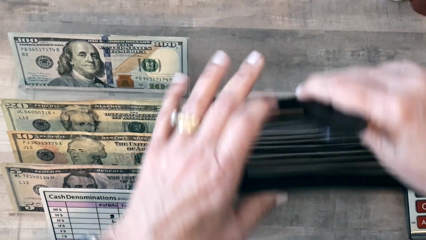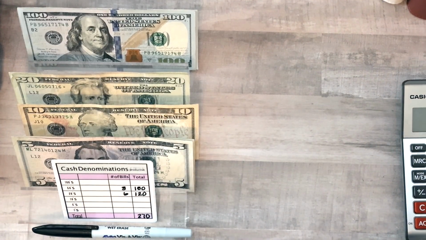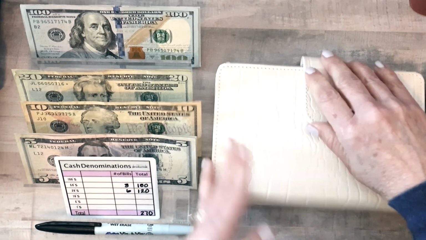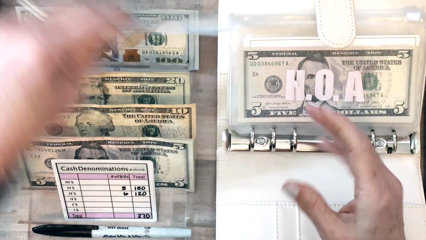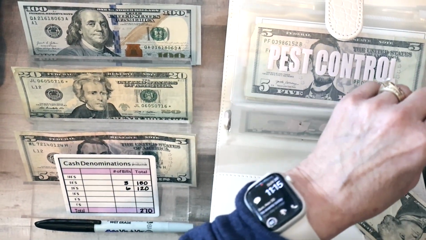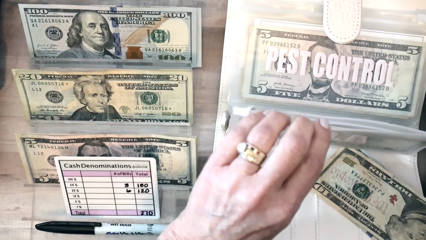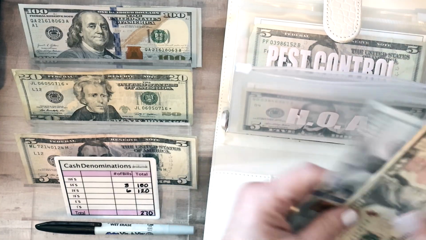Okay. Now this is where I'm going to have to get really creative. Okay, let's start with HOA because this is due in January and that's 110. You do 2 5s or 10? I did 2 5s.